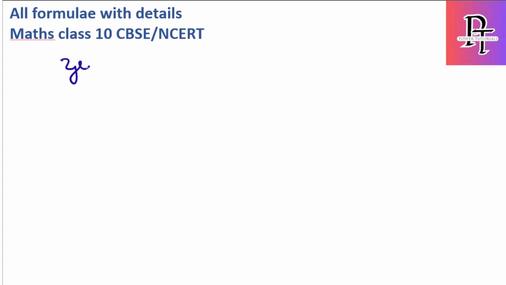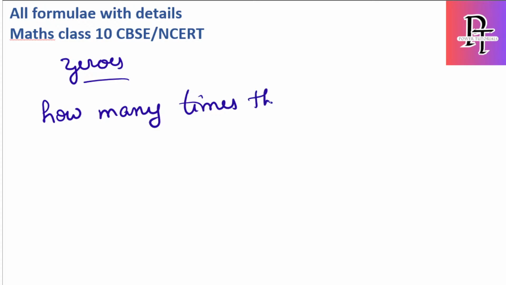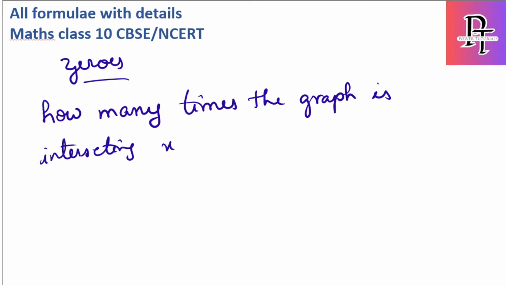This is zeros. They can ask you the question to find how many zeros are present. The zeros of a polynomial are simply how many times the graph is intersecting the x-axis.